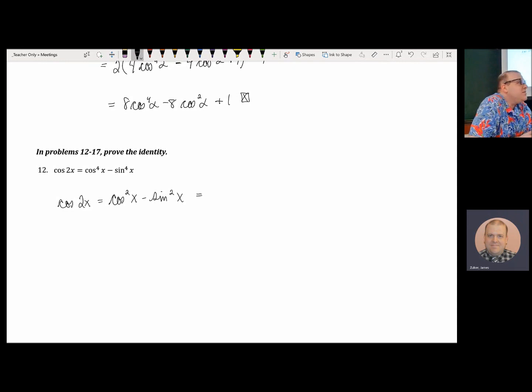What are the two things we're always allowed to do in mathematics? We can add 0 and multiply by 1, right? So can I just multiply that by cosine squared plus sine squared?